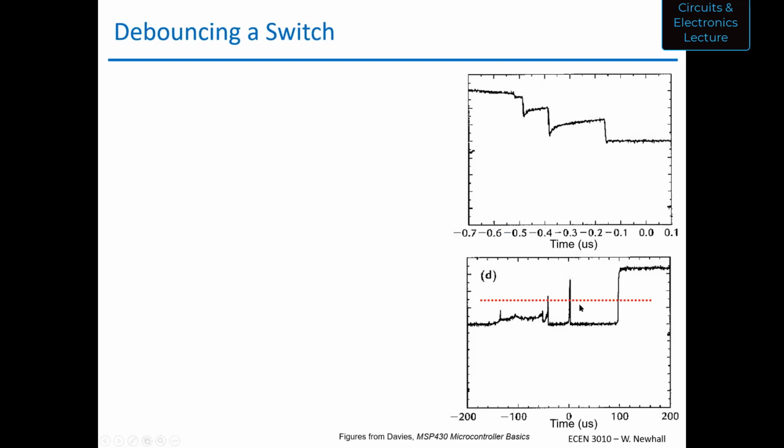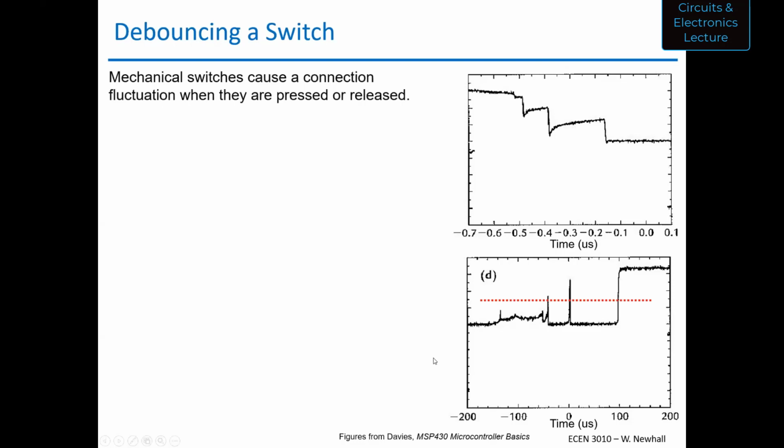And what happens in that circuit that I just showed is the voltage doesn't switch very cleanly from, let's say, low to high or high to low. This is zooming in on that voltage that's going into the microcontroller. The mechanical switches cause this fluctuation in voltage when they are pressed and released, and the resulting voltage characteristic is called a bounce. Imagine this voltage is bouncing high, bouncing high, bouncing high, finally settling high.